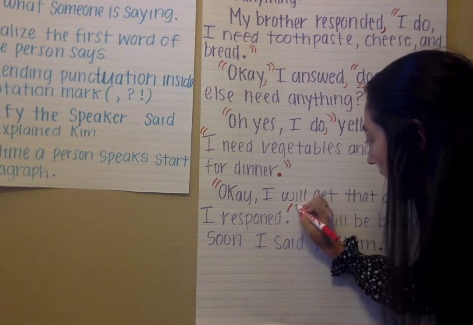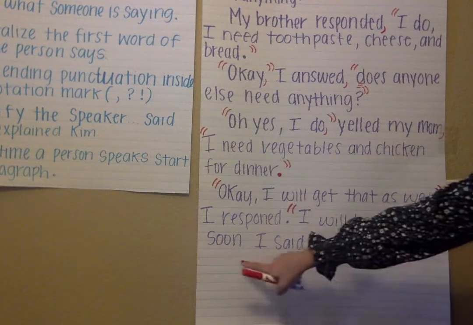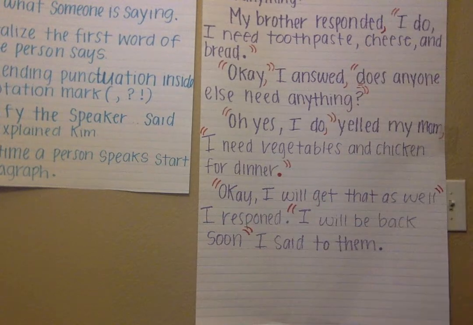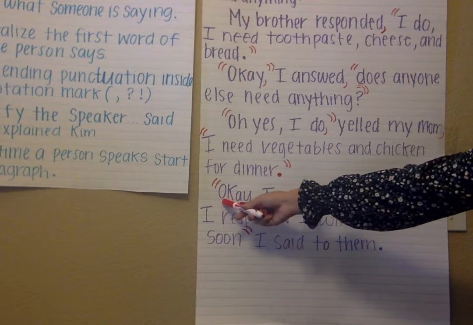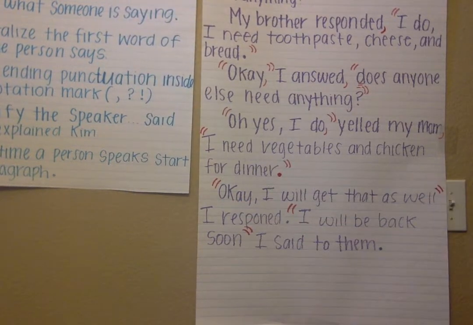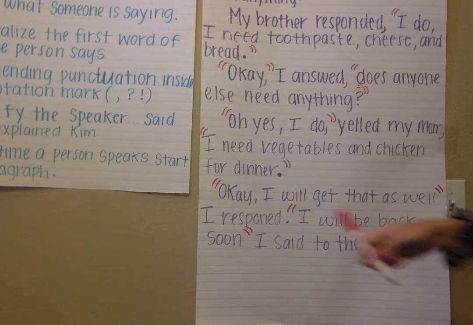Then I talked again. "I will be back soon," I said to them. So I spoke a lot in that sentence. So then next I need to go and see if I need to capitalize any other words. But again, okay is capitalized and I is already capitalized. Now I need to add punctuation at the end of everything I said.